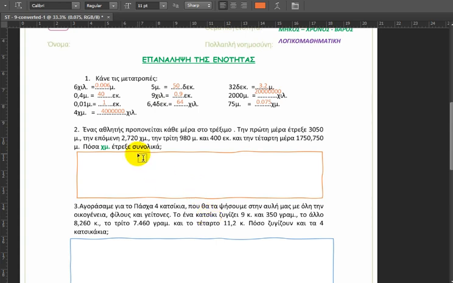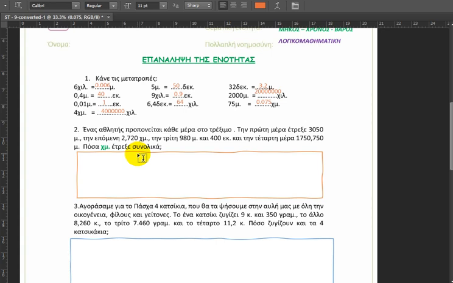Next up, we have an athlete who goes running every single day. And the first day he runs 3,050 meters. The second day he does 2.72 kilometers. And the third day, 980 meters and 400 centimeters.